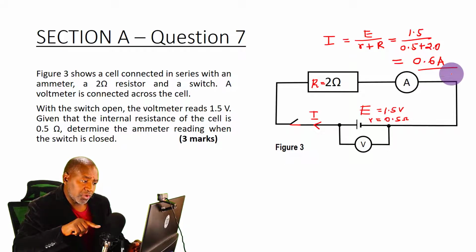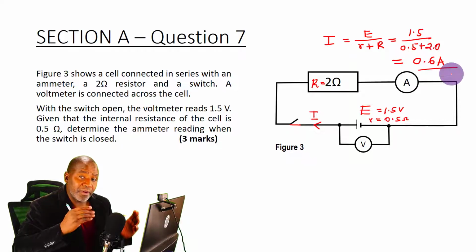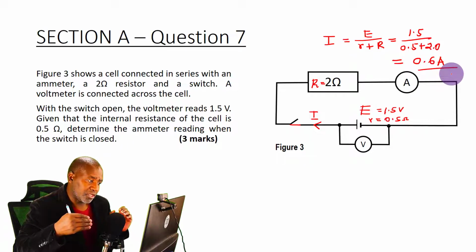When the switch is closed, the voltmeter reads what we refer to as terminal potential. Terminal potential is always less than the EMF of the cell. However, they've not gone to terminal potential. They've just used two things.